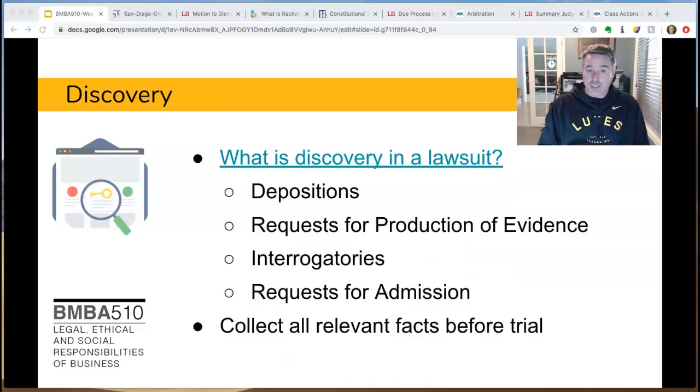Okay, so I just mentioned discovery. So what is discovery? Discovery, again, is this collection of information for the case. It's where both sides collect up the facts that they're going to use to make their arguments. And you do that through several different methods. One of them is a deposition. A deposition is where you get the other side to come into a conference room and you question them like they're in court.